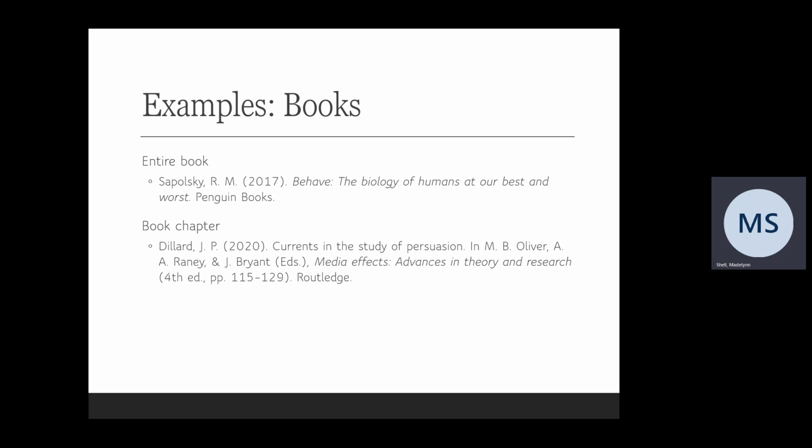So if you're pulling a chapter from a book, you list the chapter author's name first, the year of publication, the title of the chapter, and then here we list the book authors, and they're really the book editors, the title of the book, edition, page numbers formatted a little bit differently, and the publisher. So again, you don't need to have this memorized. What you need to do is know what kind of source you have and look up an example so that you can mirror it.